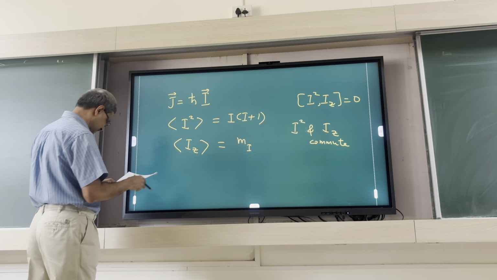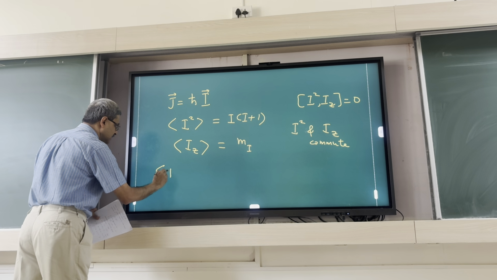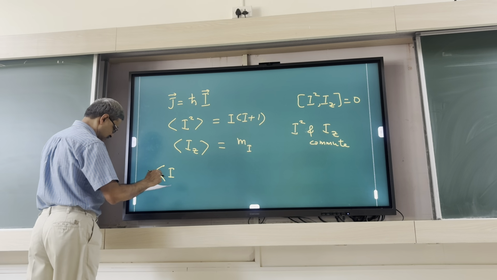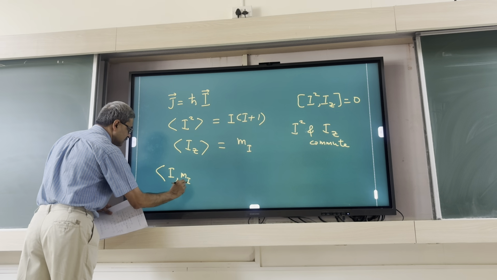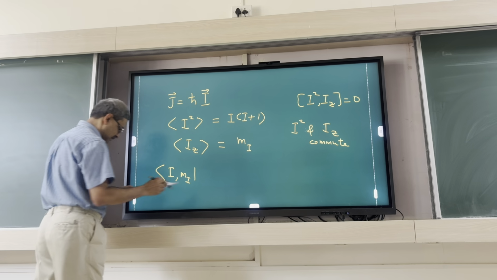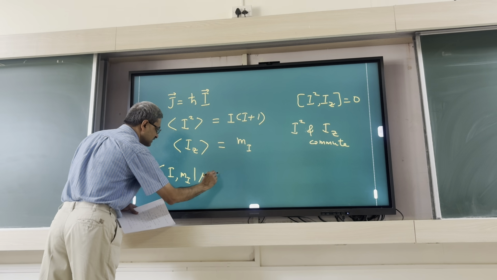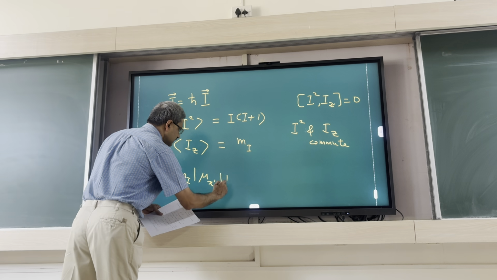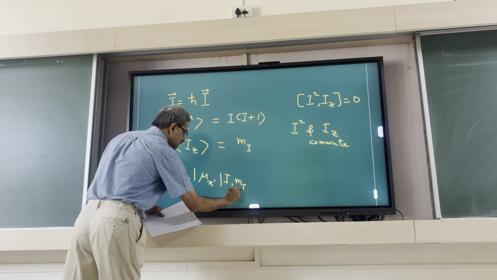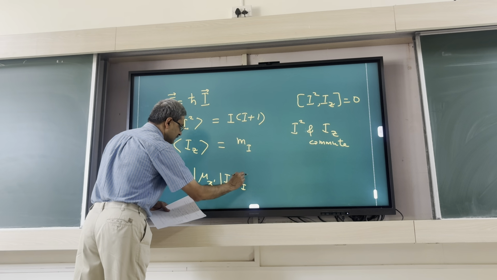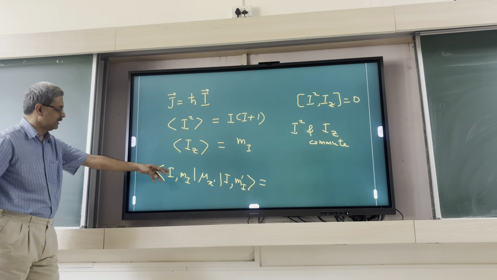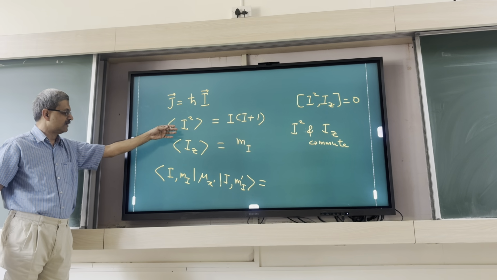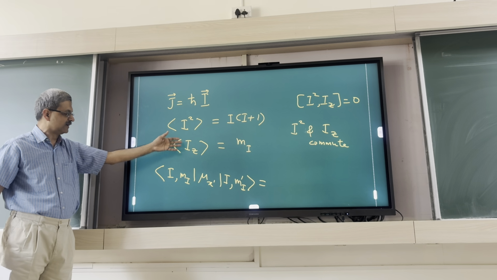So if, for example, we want to write a state expectation value of some Ix, mu x rather, or just the operators for some magnetic moment x component, then this can be written in terms of, so you know angular momentum algebra, the expectation values of various I operators and so on.